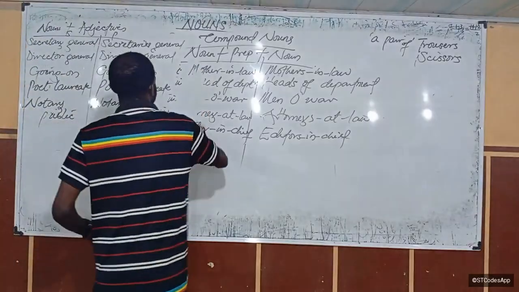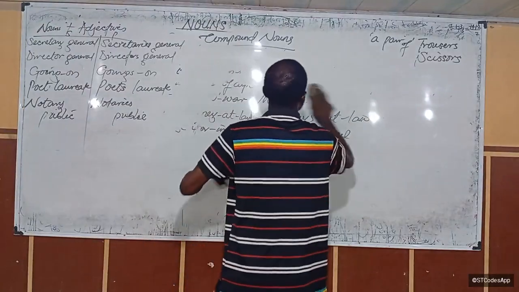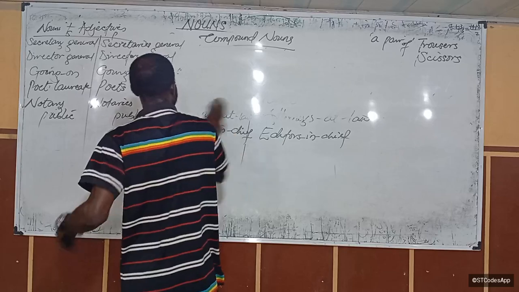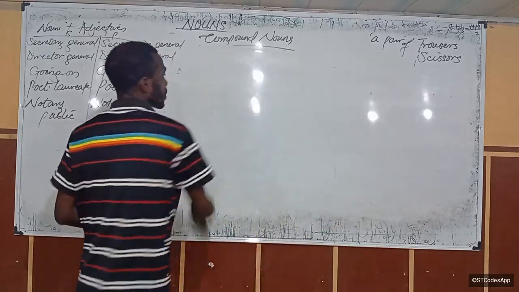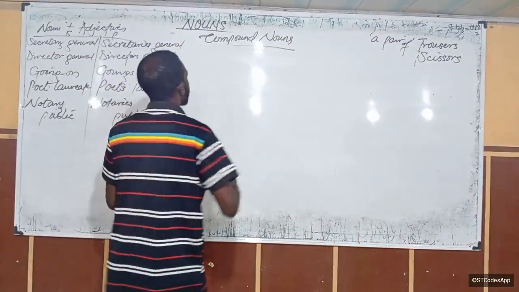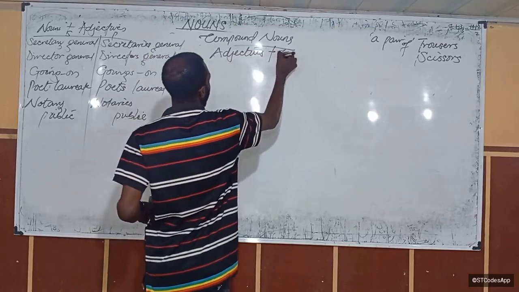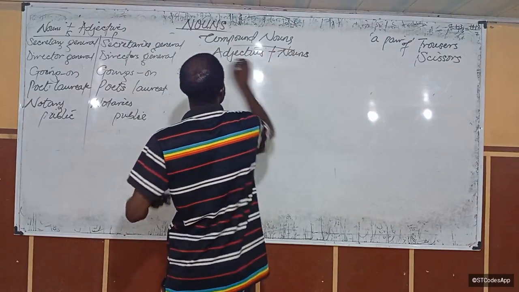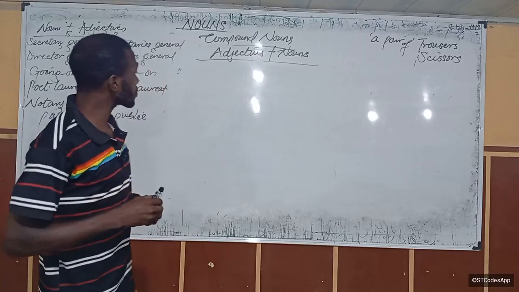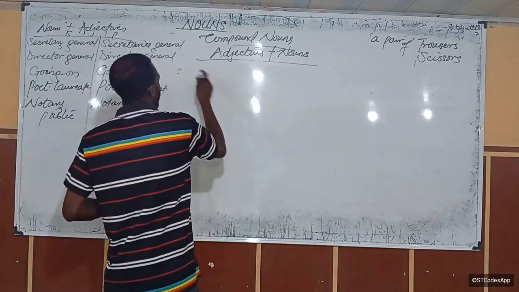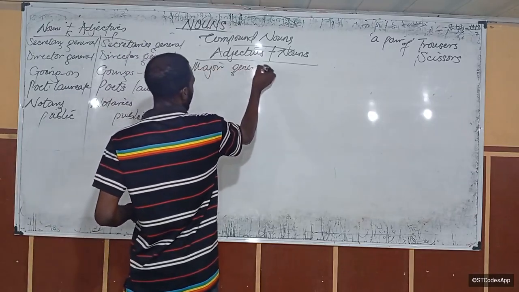When you have adjectives plus noun, the condition now changes. So in adjectives plus nouns, we have words like, now look at this one, major general.